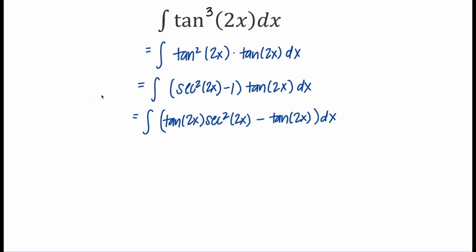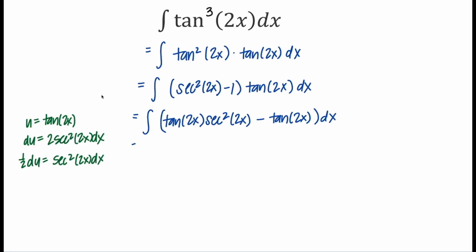So we can go ahead and say u is tangent of 2x, du is 2 secant squared of 2x dx. So a half du is secant squared 2x dx. And so this first integral here is going to be 1/2 the integral of u du.